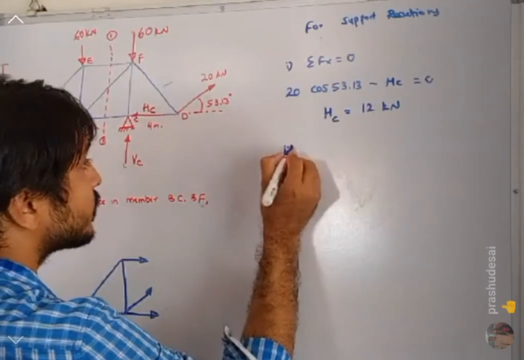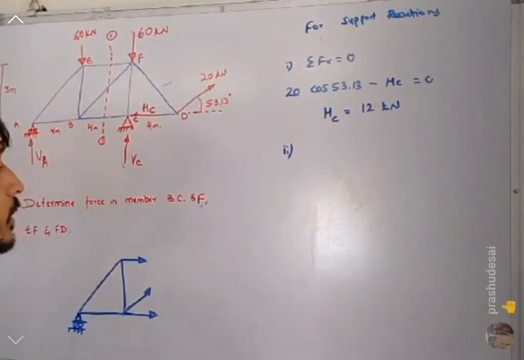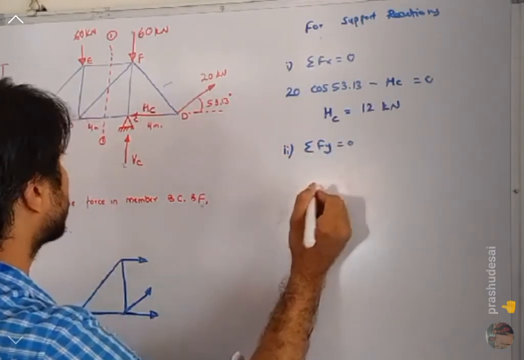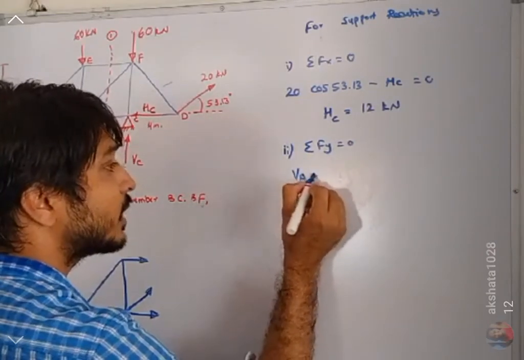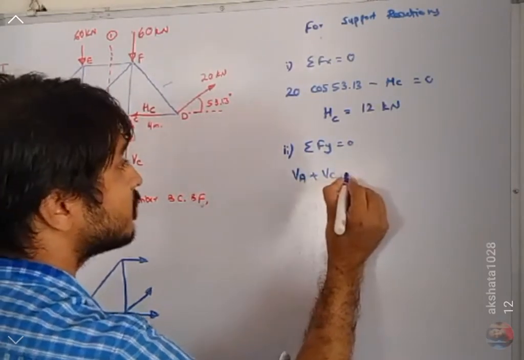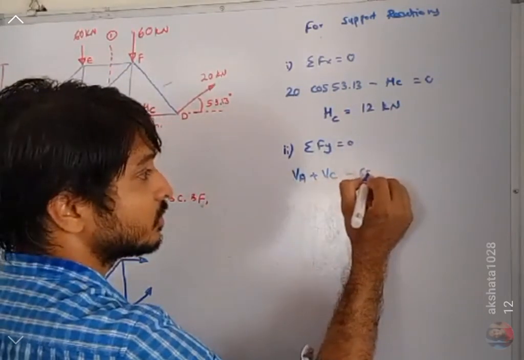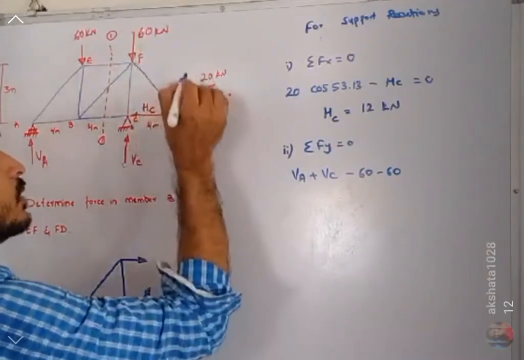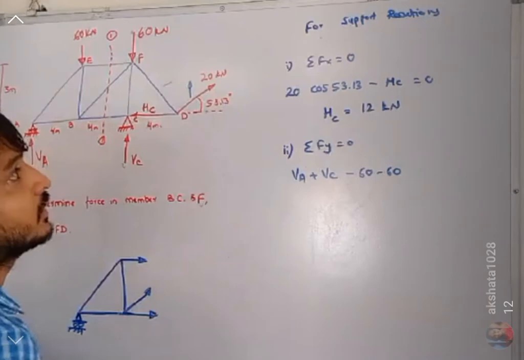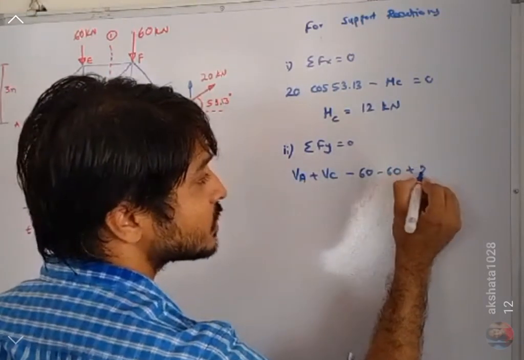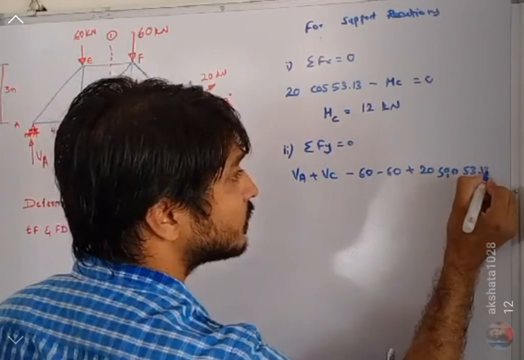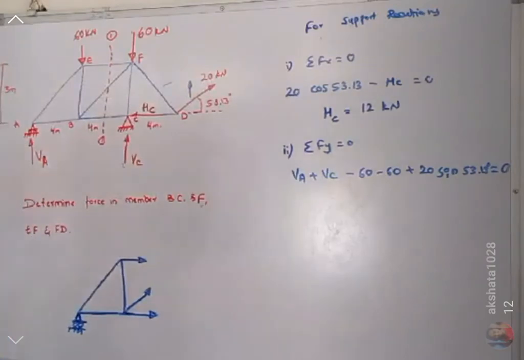Okay, so the second equilibrium equation. Summation of Fy equals 0. So what are the Fy terms? First one is VA, which is in upward direction, plus VC, and then minus 60, which is in downward direction, minus another 60 downward. And this is in upward direction; if I take the vertical component of this, it will be plus 20 sin 53.13 degree, which equals 0.